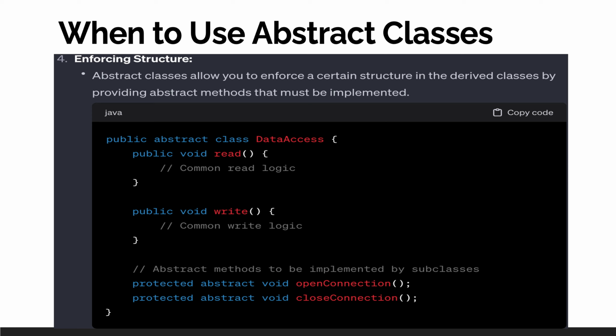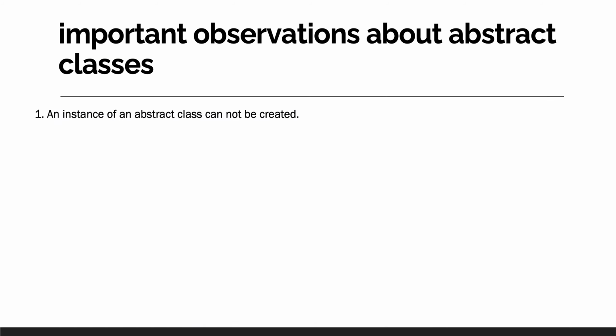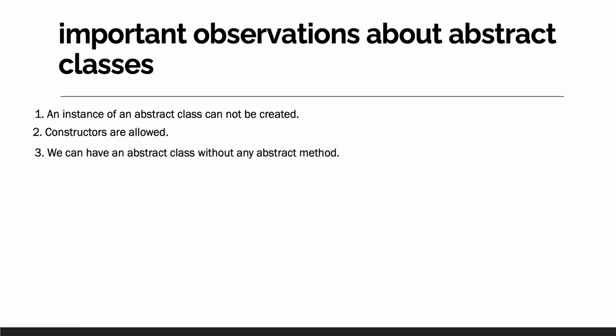Now let's see some important points that we want to discuss about abstract classes. The first important point is that an instance of an abstract class cannot be created. That's what we have understood and discussed. The second point is that constructors are allowed, similar to any other classes. The third point is that we can have an abstract class without any abstract method.